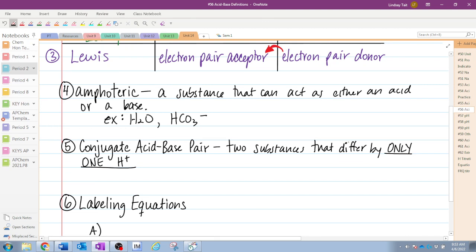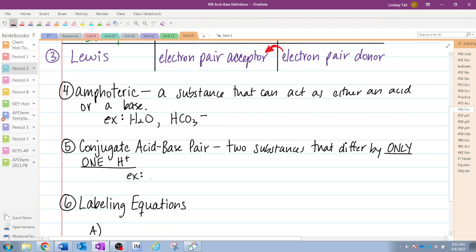So on a test, you could be asked, identify which of the following is a conjugate acid-base pair. And all you're going to do is look at their chemical formulas, and the only thing that can be different between the two chemical formulas is one hydrogen ion.